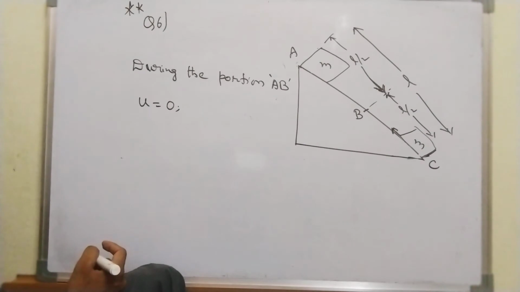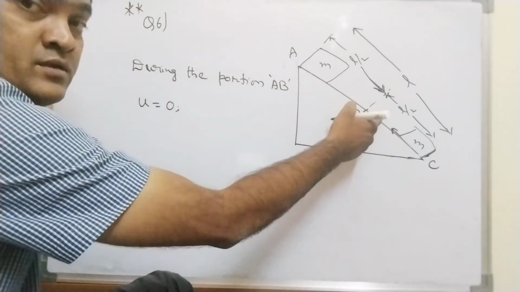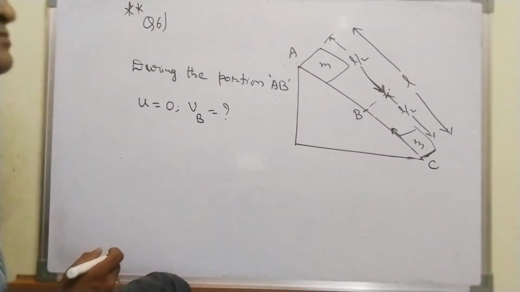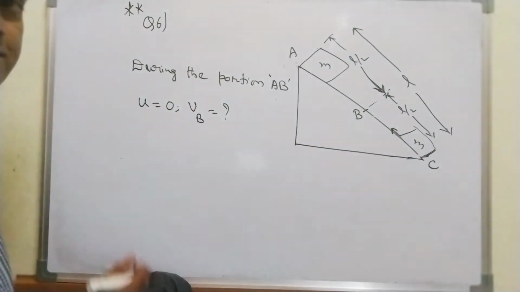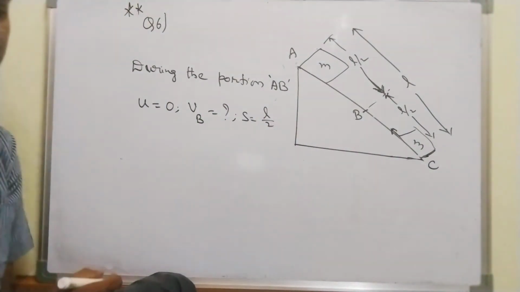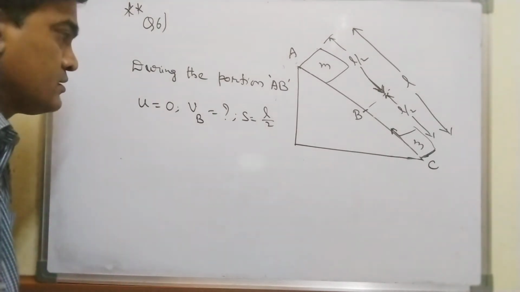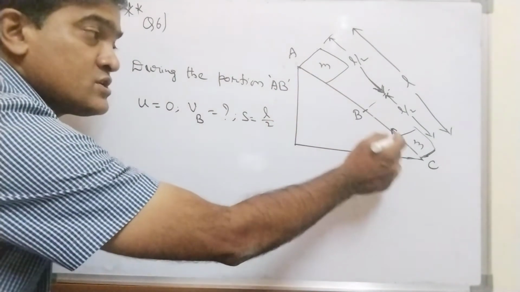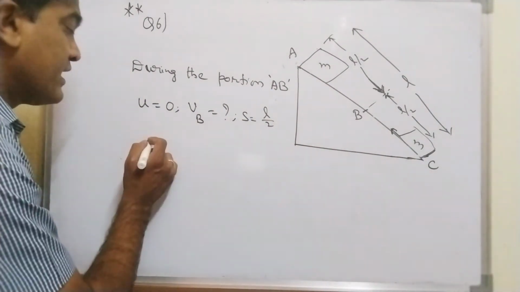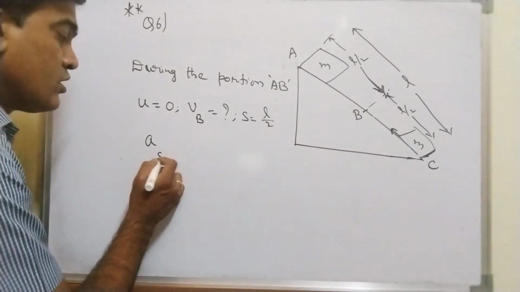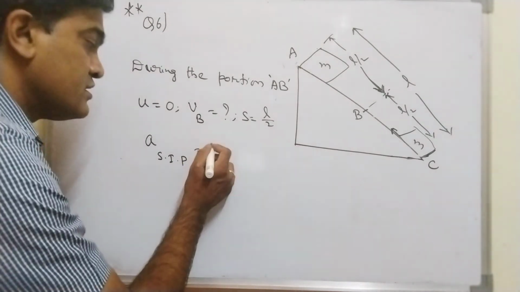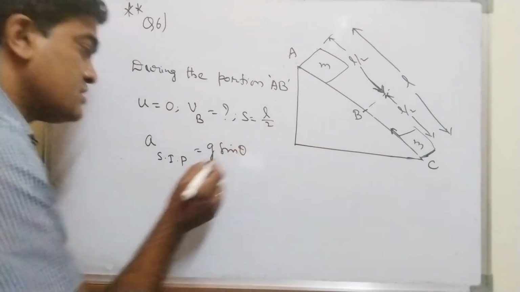At point B, I don't know the velocity of the block. But distance covered is equal to L by 2. And what is the acceleration of the block sliding down a smooth inclined plane? If you remember, its formula is g sin theta. Remember this.